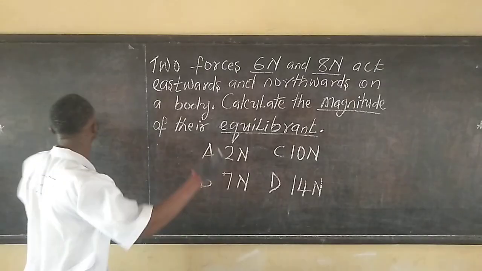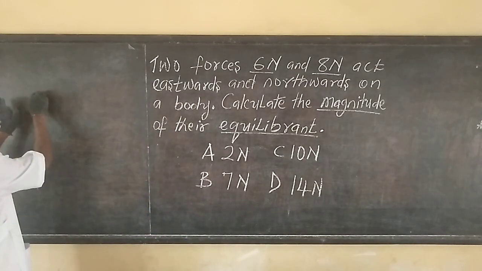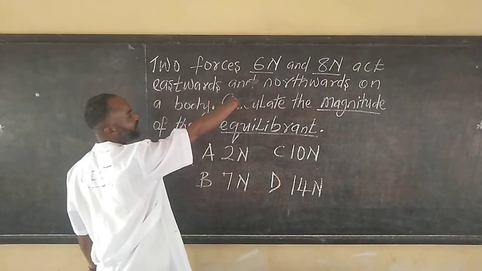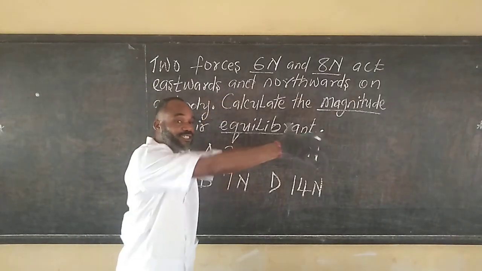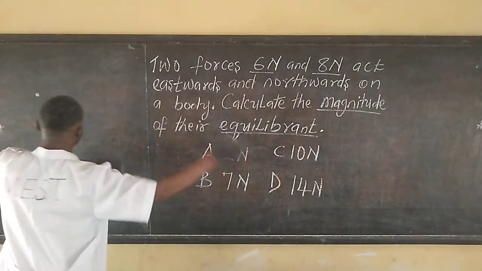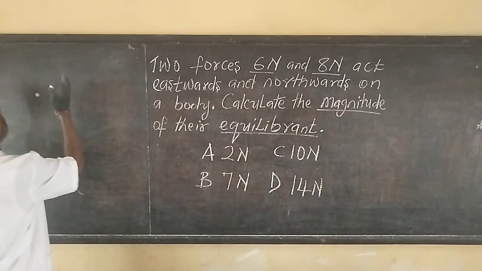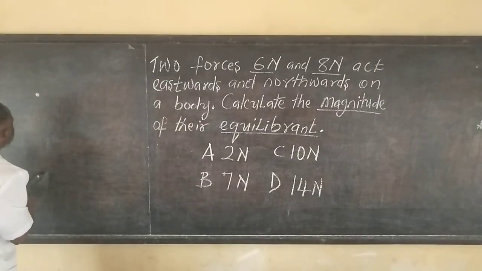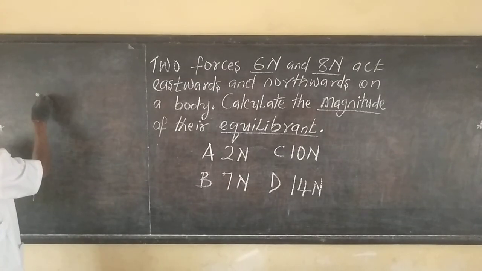Eastward, let's come here. This is a body. The first force acts eastwards. According to my cardinal bearing, this is my east, this is my north, this is my south, and this is my west. So it moves this way.